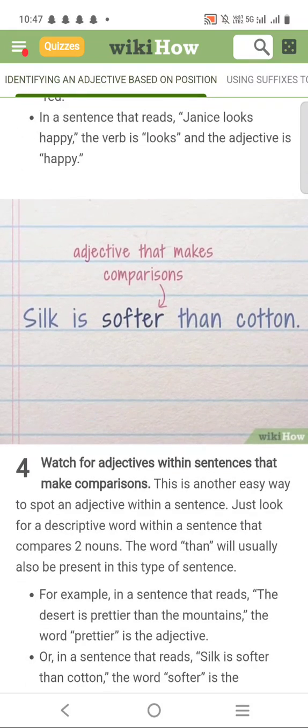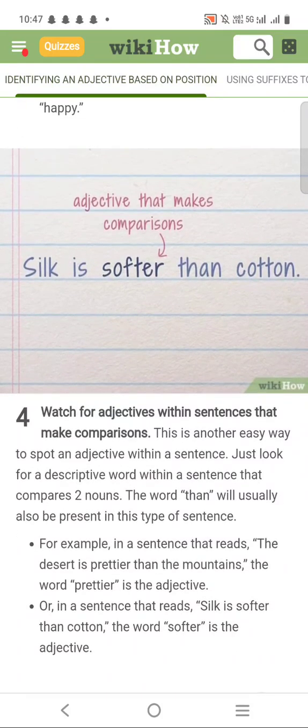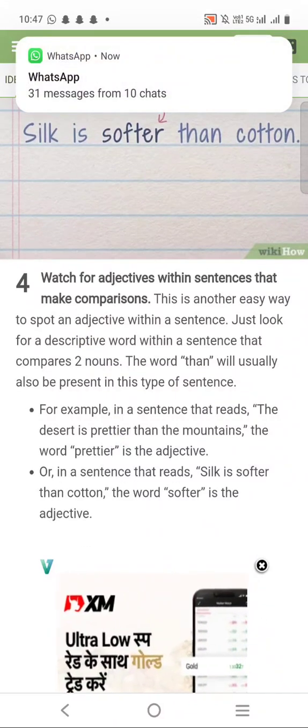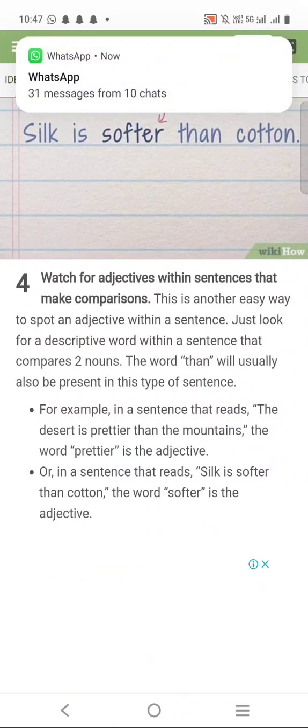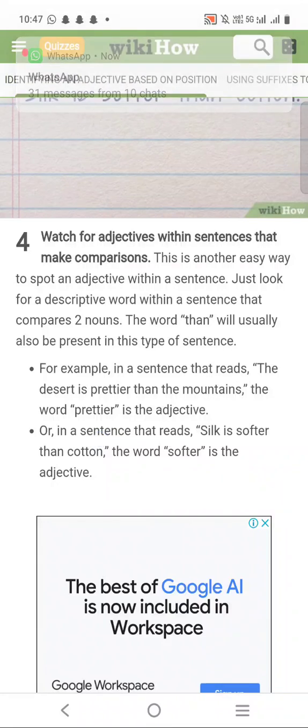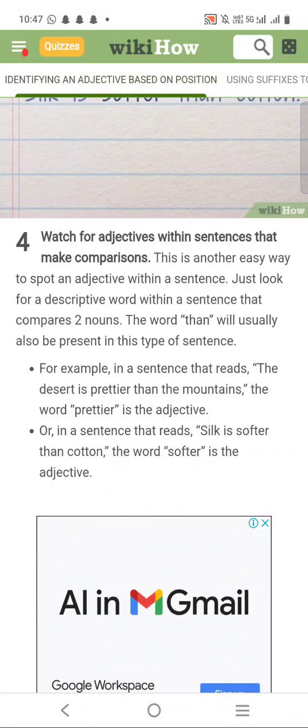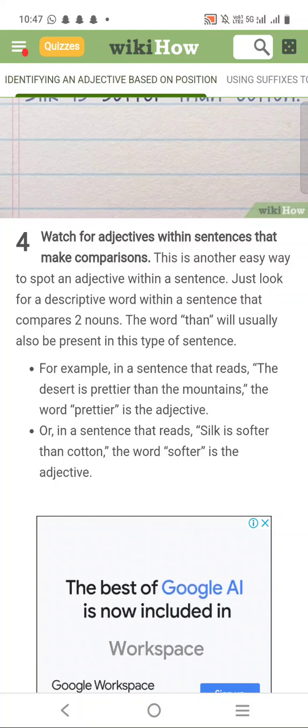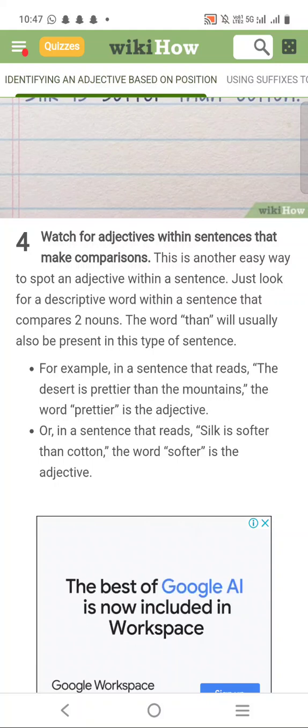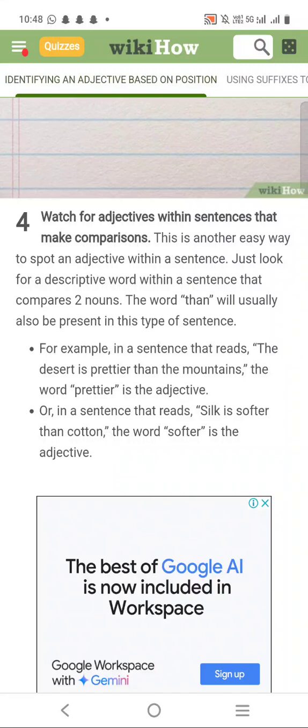Adjectives that make comparisons. Silk is softer than cotton. Watch for adjectives within sentences that make comparisons. This is another easy way to spot an adjective within a sentence. Just look for a descriptive word within a sentence that compares two nouns.